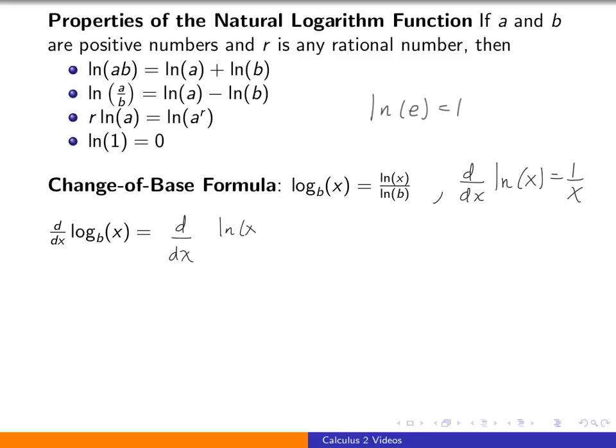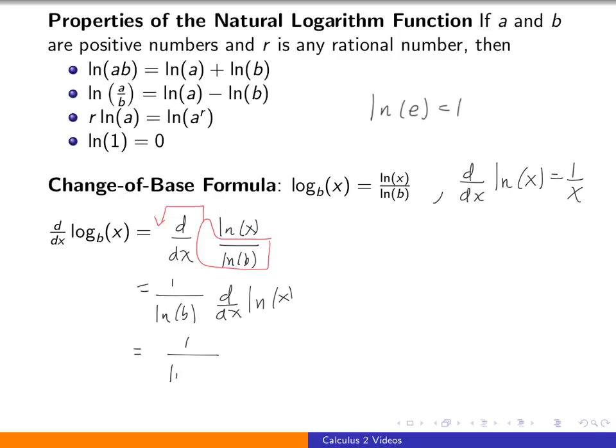So that's really ln of x over ln of b. ln of b is simply a number, so we can think of having a 1 over ln of b, which is a constant, which we can pull in front of the derivative. What remains is just the derivative of the natural log of x, which we know is 1 over x. So just mentioning this here, but it is something that will come up later.